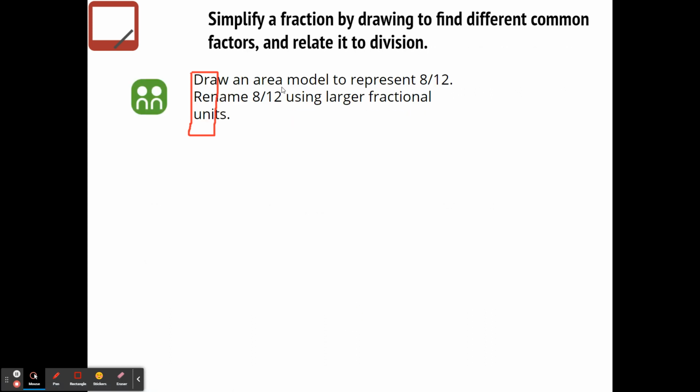Okay, so draw an area model to represent 8/12 and rename 8/12 using larger fractional units. Hey, if our pieces are getting larger, are we dividing or are we multiplying? I hope you said dividing, because that means that we are getting fewer pieces in our whole.